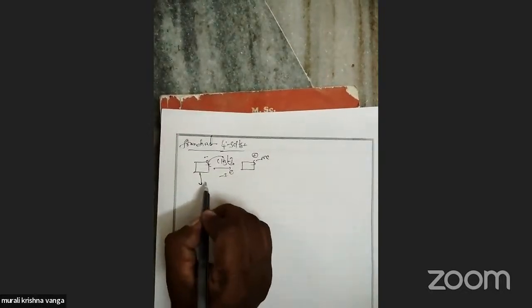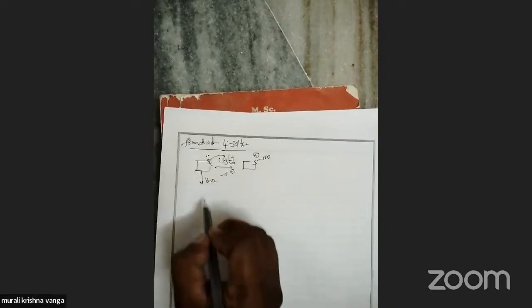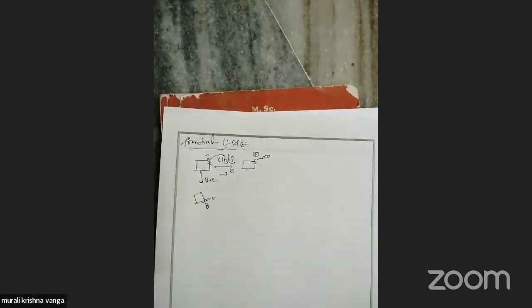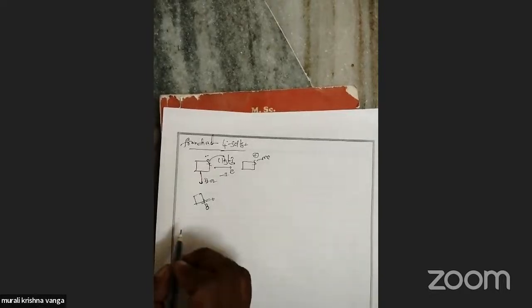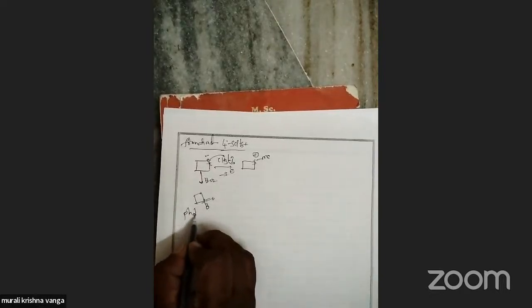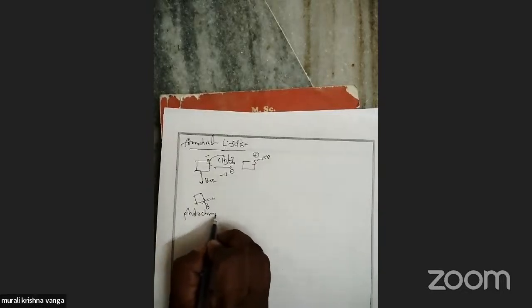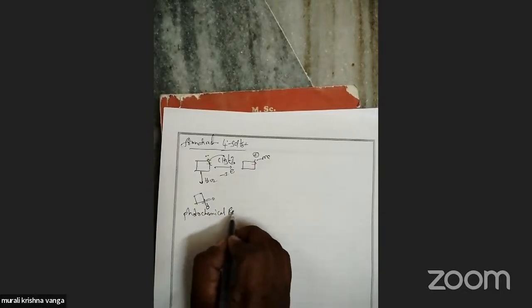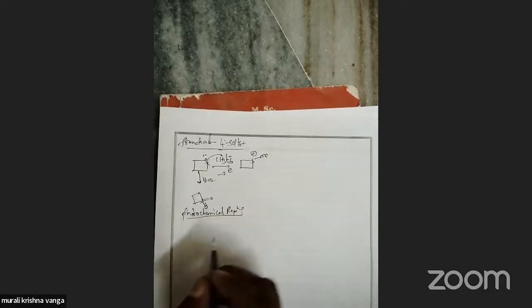Next one is oxidation. Reacting with hydrogen peroxide, sulfur is more reactive towards oxygen atoms, then forms sulfones. Next one, photochemical reaction.